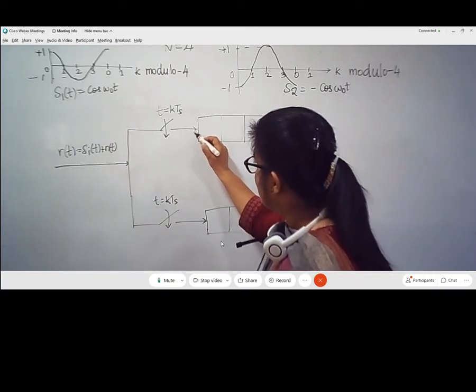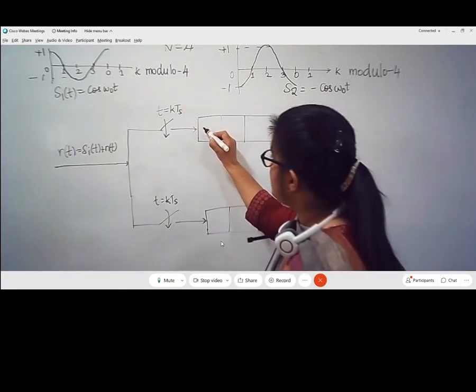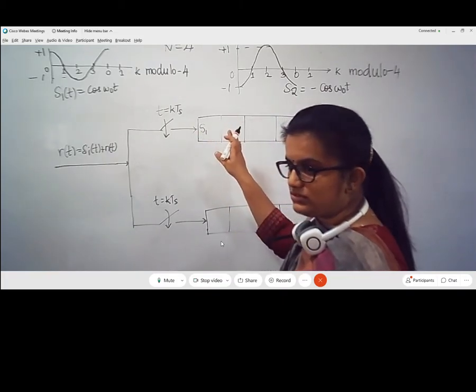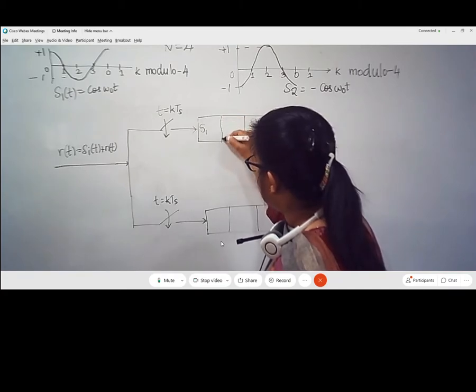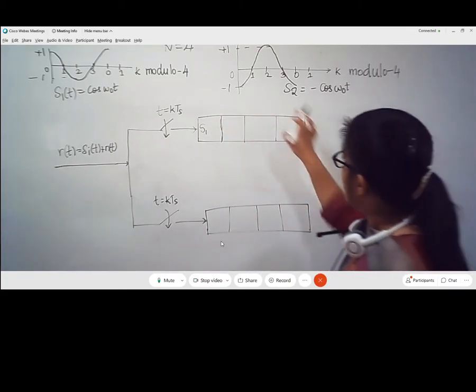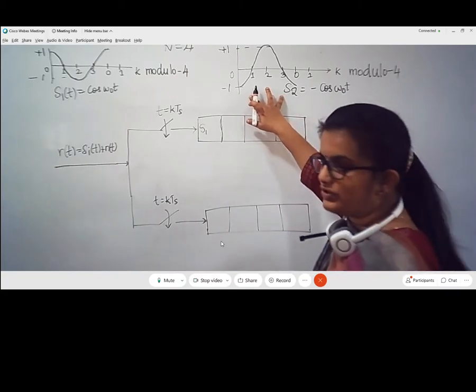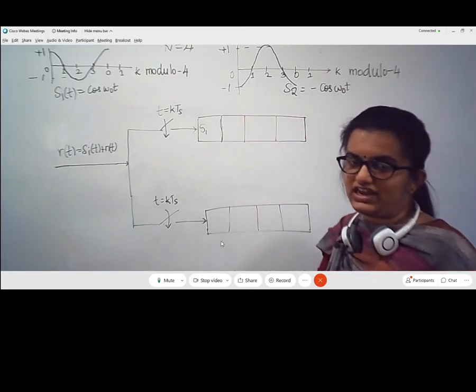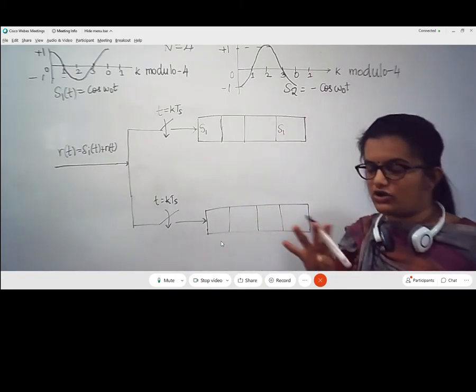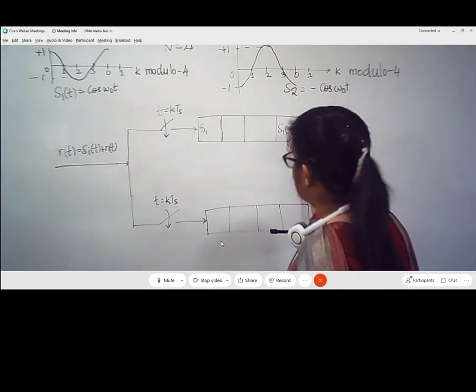Once I sample at the first clock instance, I am going to feed the first sample into it. Then like that I go on putting all the samples into the shift register until I get all the 4 samples in order to decide the symbol. The first sample, after the 4th clock time instance, will reach this space.